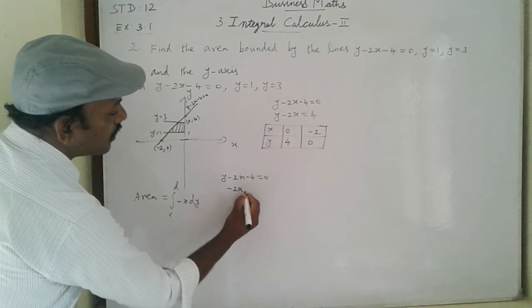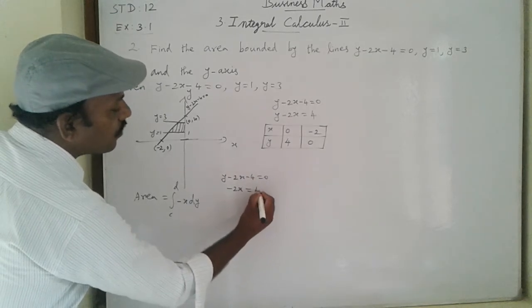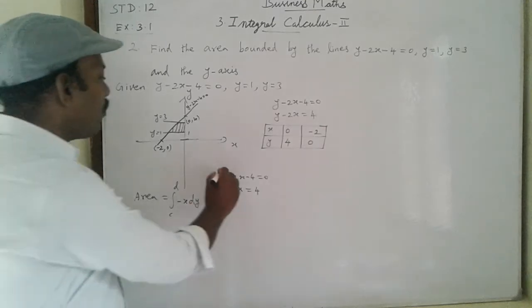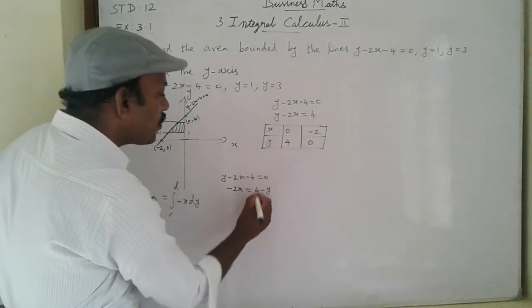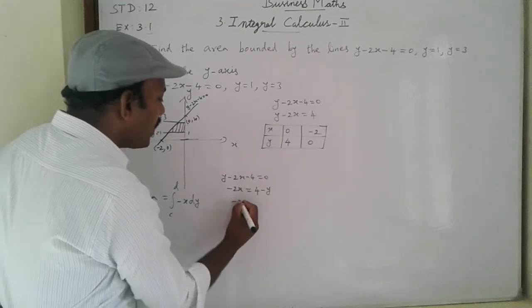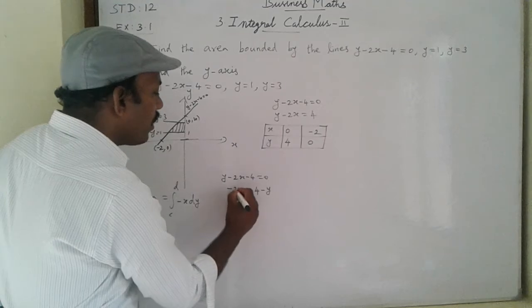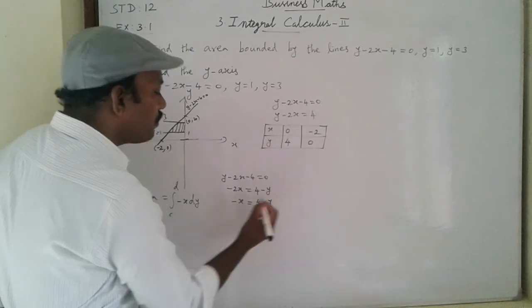Minus 2x equal to, taking the remaining terms to the right hand side, minus 4 becomes plus 4, and y becomes minus y. So 4 minus y. Taking 2 to the right hand side, minus x equal to 4 minus y divided by 2.